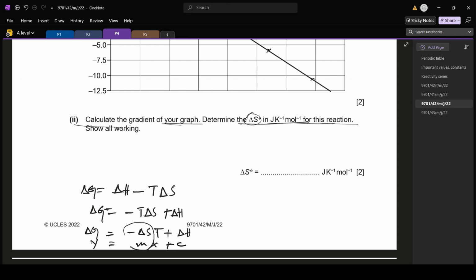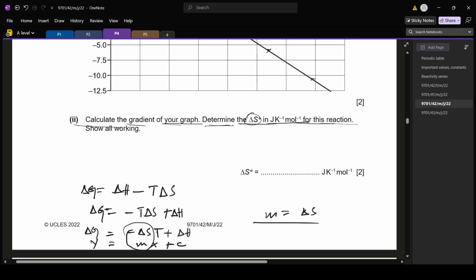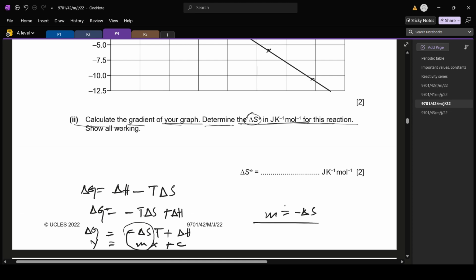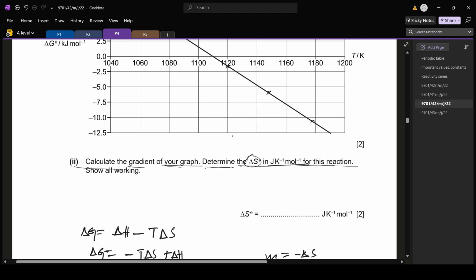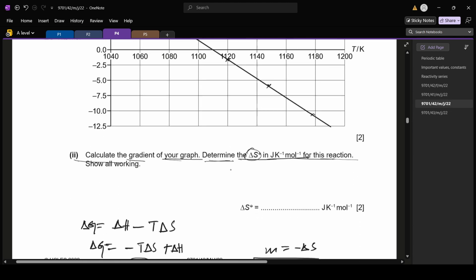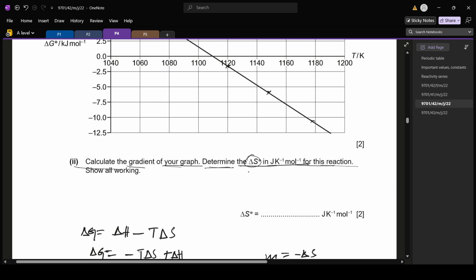So m is the gradient. Gradient is equal to negative of entropy change. That's why I told you to determine the entropy change. If you calculate the gradient, it will be negative because the slope is decreasing, you can see that. So the gradient will give you the entropy change.